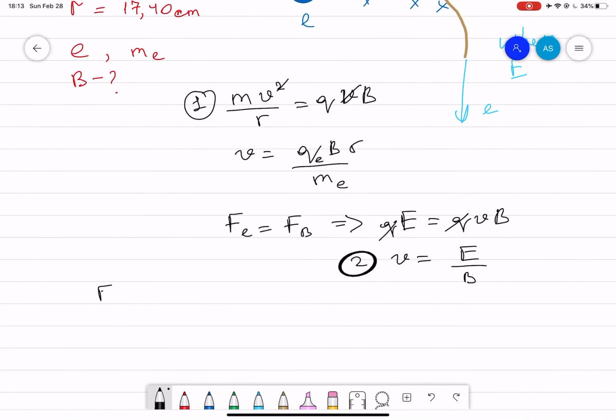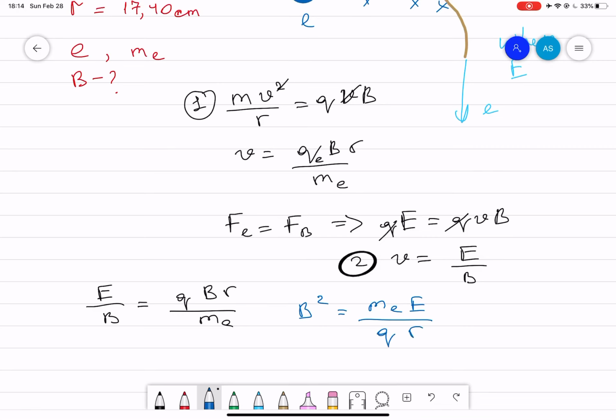Then we will get electric field over B is equal to qBr over the mass of the electron. If that's the case, then we want to find B, so B squared is equal to the mass of the electron times E divided by qr.